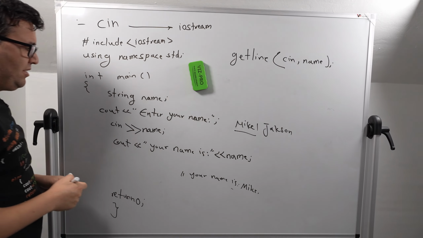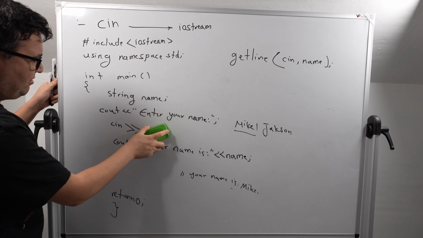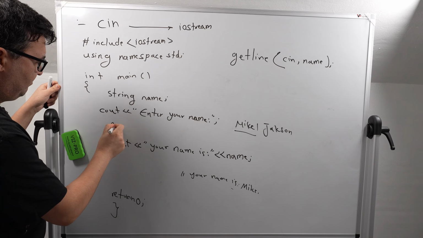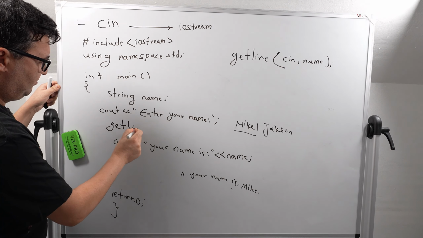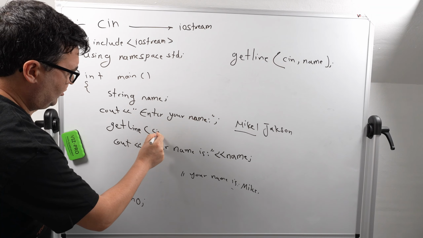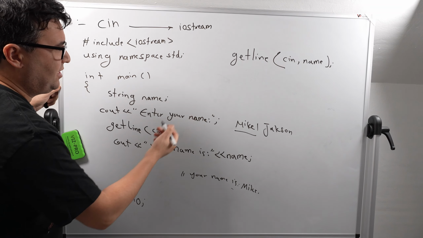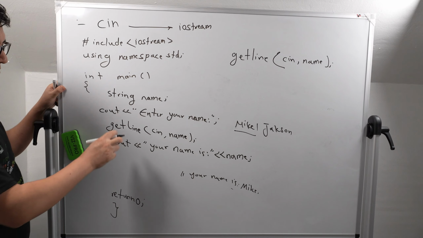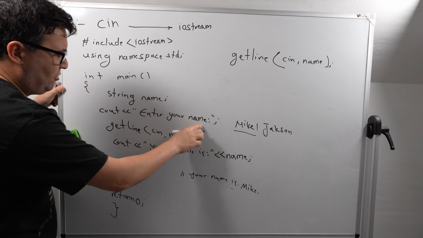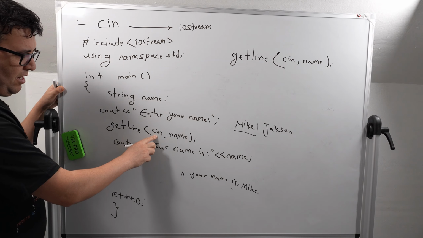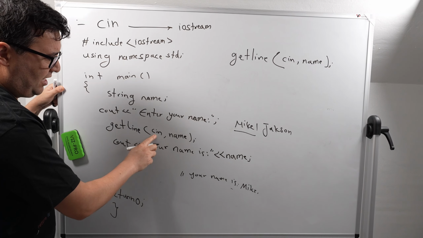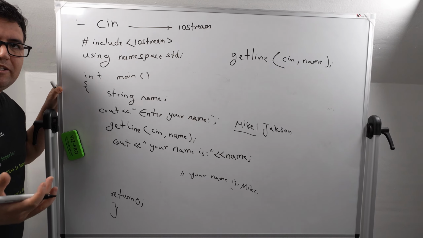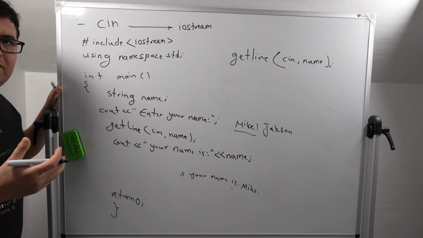So instead of cin, we write here getline, cin, name. It takes input from the keyboard and puts it inside the variable name. So when we compile and run the program, it says enter your name, and then we enter the name. This is the getline function. It means it takes one line from the user, a complete sentence.